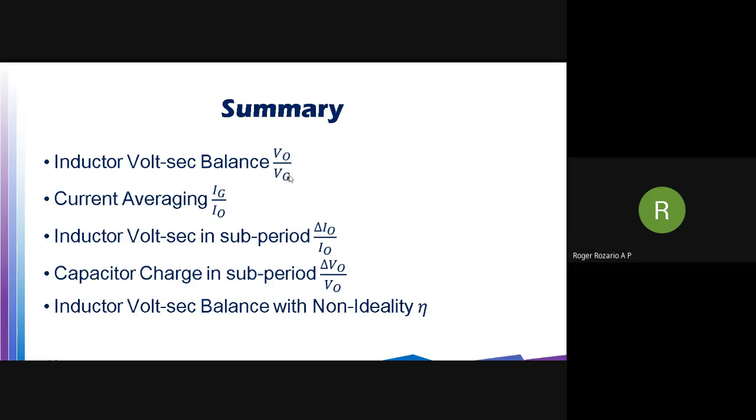So we have completely analyzed a primitive DC to DC converter from the ideal case, proceeding to the non-idealities and all the components present in the primitive converters. Hope you are clear with the flow of the lecture: the volt second balance, current averaging, ripple in the current, ripple in the voltage, and finally the efficiency.